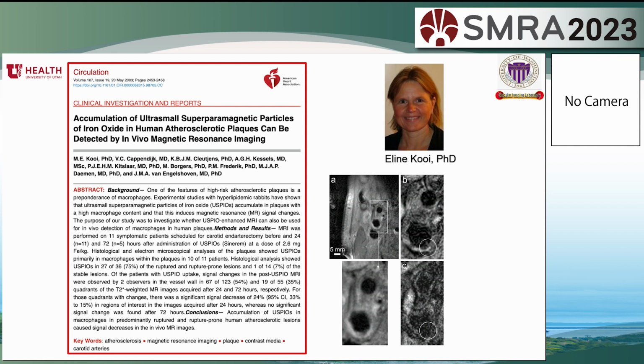This work looked at using USPIO-type contrast agents targeting macrophages in atherosclerosis. This particular study demonstrated that you can truly see uptake. The challenge has been that this is a negative contrast agent, so you see a signal reduction over time where there is uptake.